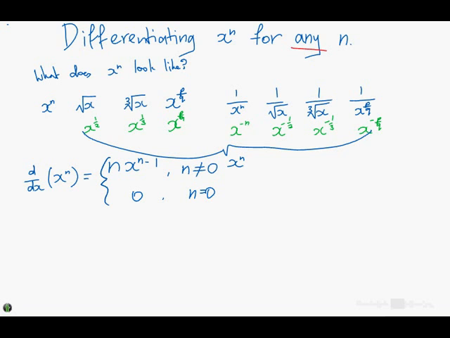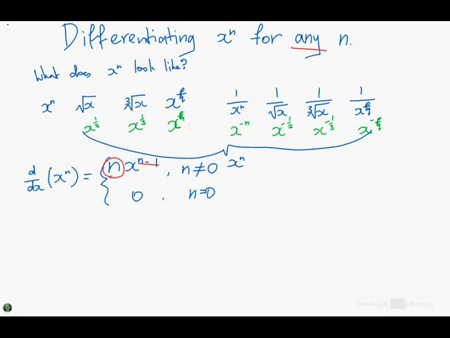Simple, right? Very simple. So what you would have been taught in school is take the power, bring the power out the front, and minus 1 from the power. So the old power comes out the front, and the new power is the old power minus 1.